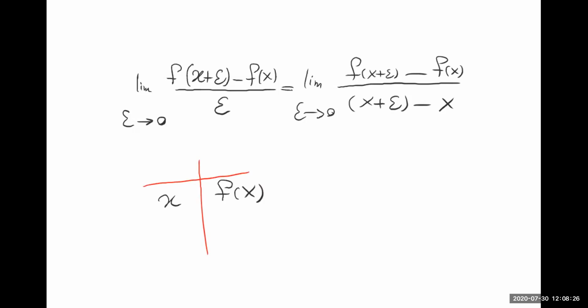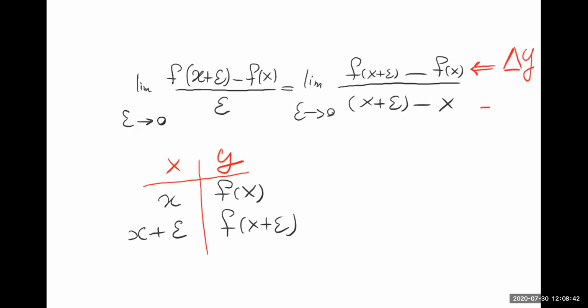In our domain, we have x plus epsilon, then we would get f of x plus epsilon. So here in the numerator, we have changes in the value of y, and here we have the changes in the value of x. This is the ratio of change of the value of y over x.